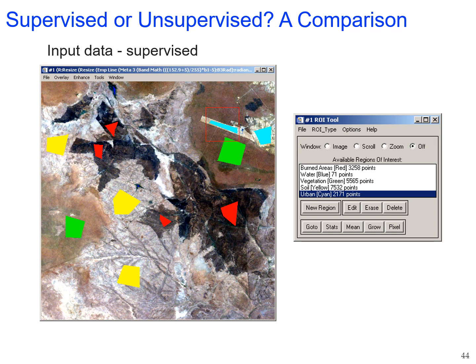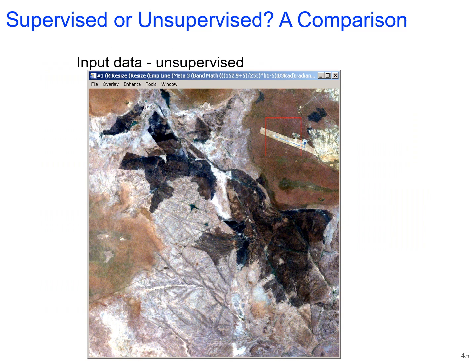So this is probably from Yuma, Arizona, which is a place where I've worked. Sorry, we had the input data, image, and the polygons for supervised, and then for unsupervised, of course, we just have the image.